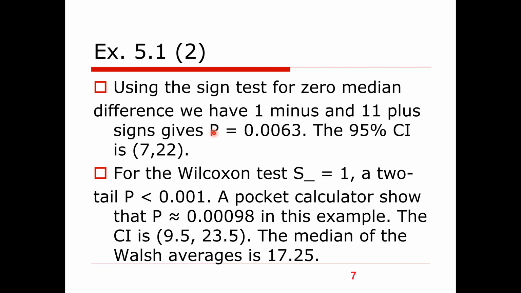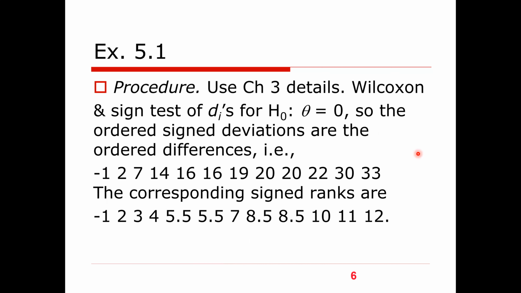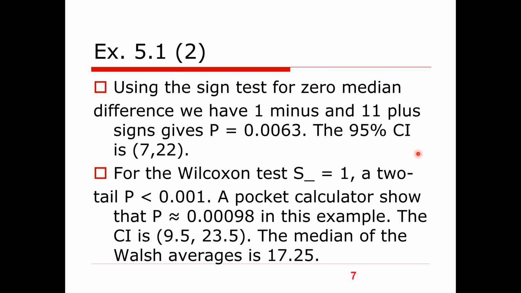There is 1 minus sign and 11 plus signs, right? And then if we use the sign test to get the exact p-value, the exact p-value is 0.0063, and the 95% confidence interval is from 7 to 22.